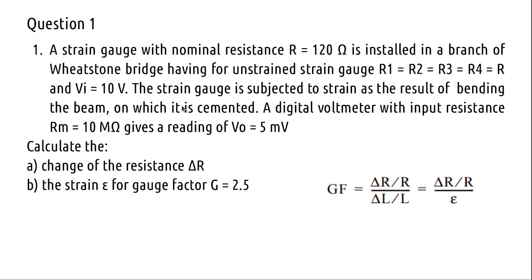When it is subjected to strain, one of them changes, say by delta R. So you have to find delta R. The supply voltage is 10 volts, and the output voltage recorded is 5 millivolt, and you are measuring with a digital voltmeter having an input resistance of 10 mega ohms. So it is a straightforward question.